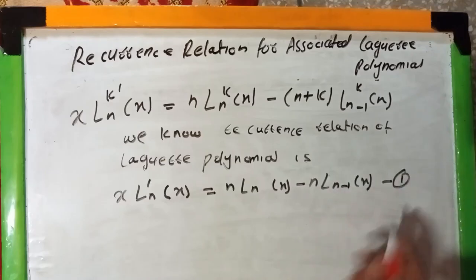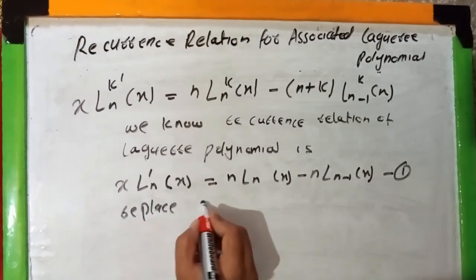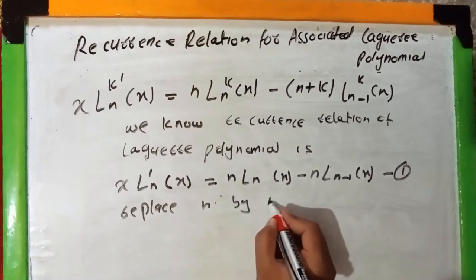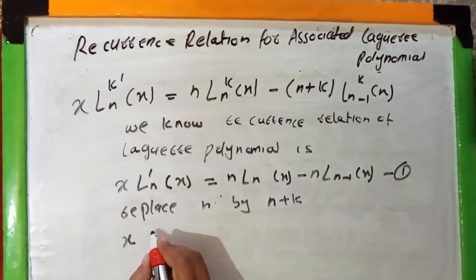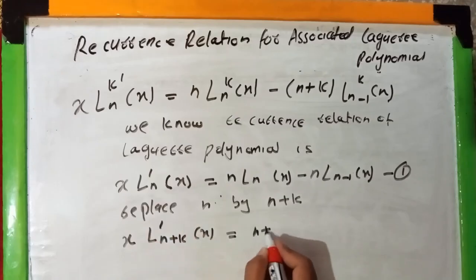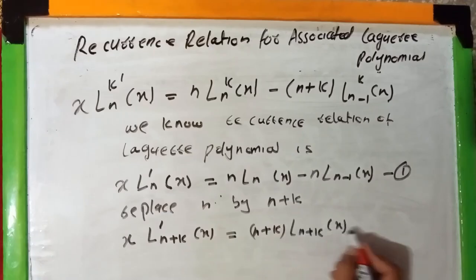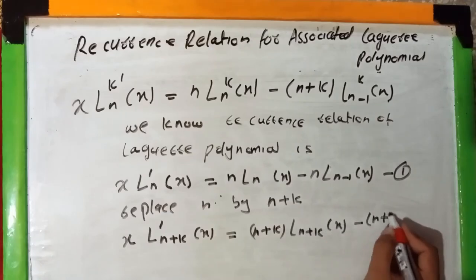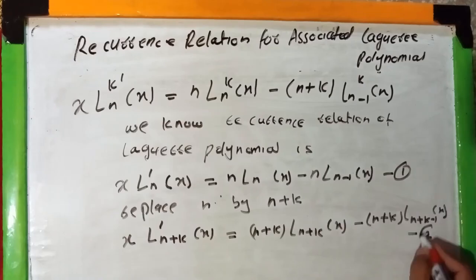This is equation number 1. Replace n by n plus k. So this becomes x times the derivative of L_{n+k} of x is equal to n plus k L_{n+k} of x minus n plus k L_{n+k-1} of x. This is equation number 2.